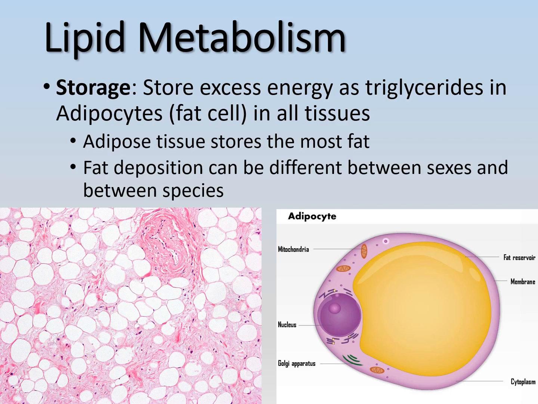So we have adipose tissue, fat tissue, all throughout our body. There are places that we have more adipose tissue than others. And fat deposition, or this adipose tissue, can be different between sexes and between species. Where we carry our fat stores can be different, right?